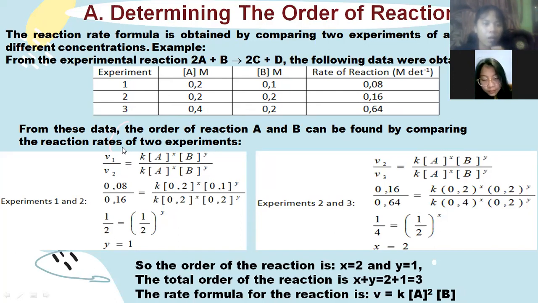In the reactions, for the first experiment, we know the rate is 0.08, and for the rate of reactions for experiment 2, we have 0.16.